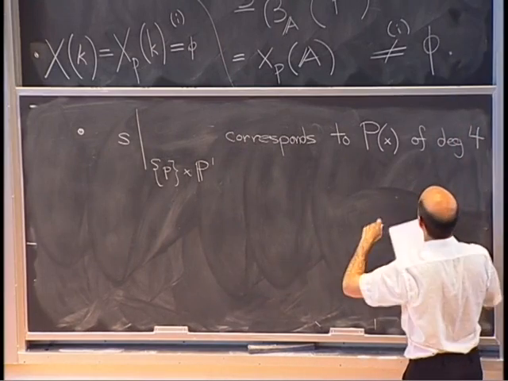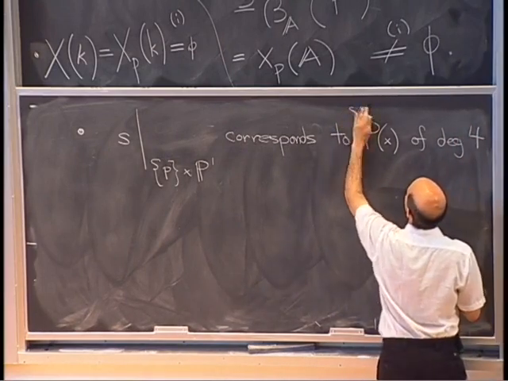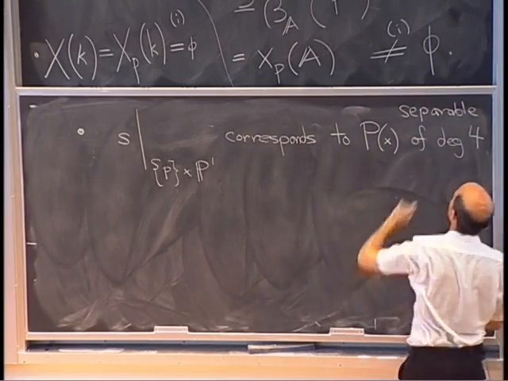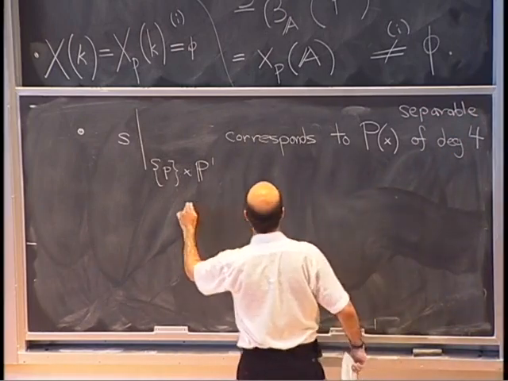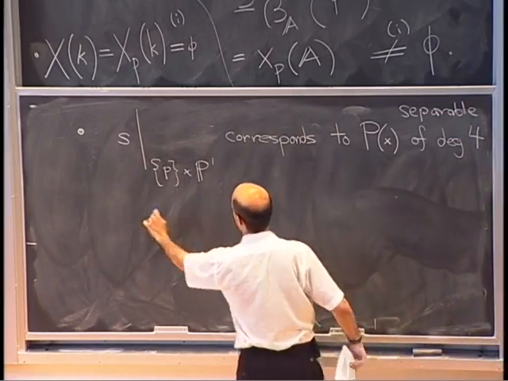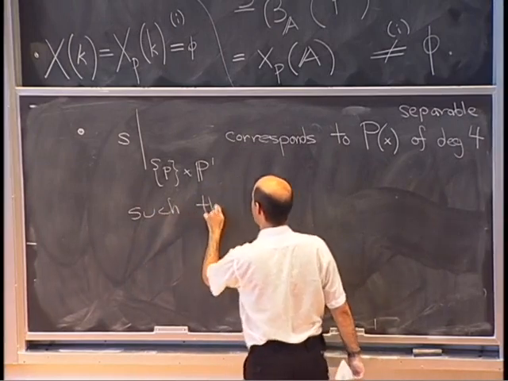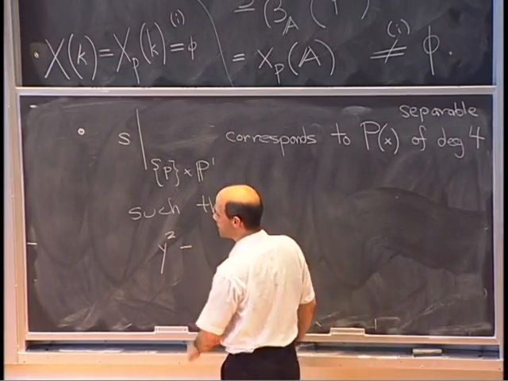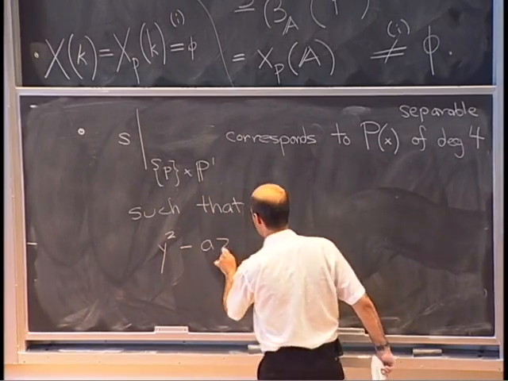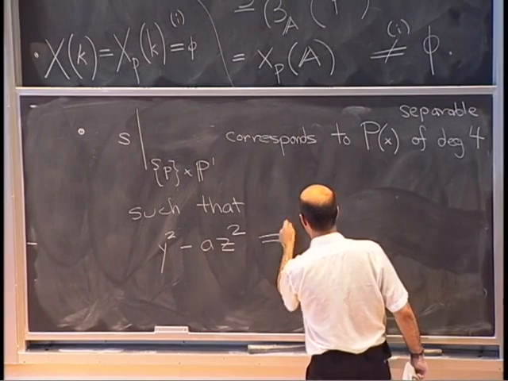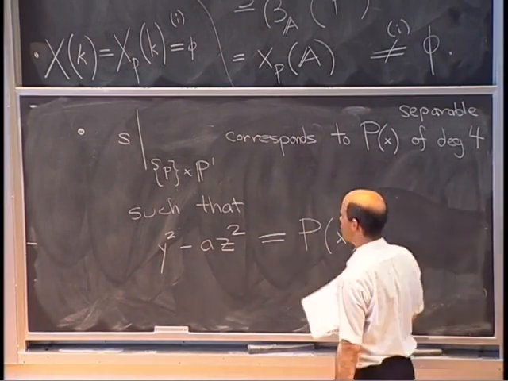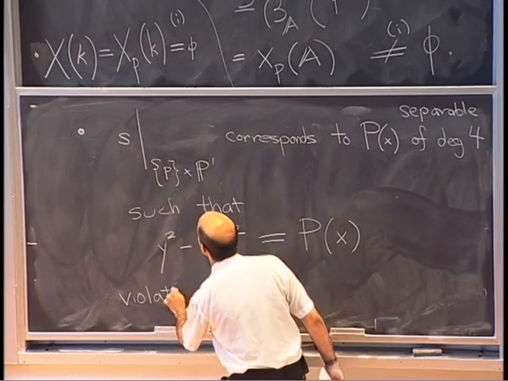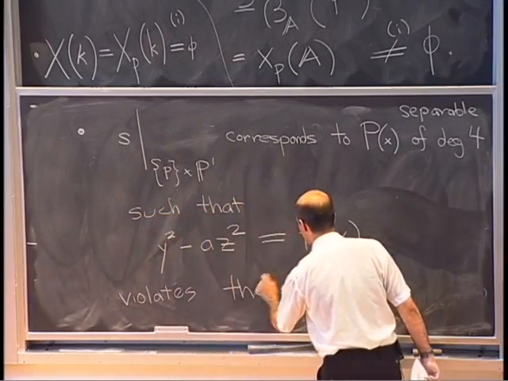So separable, distinct roots over an algebraic closure, and such that X_p is a smooth projective model of y squared minus a z squared equals P of x. And just to get 1, I need this to violate the Hasse principle.